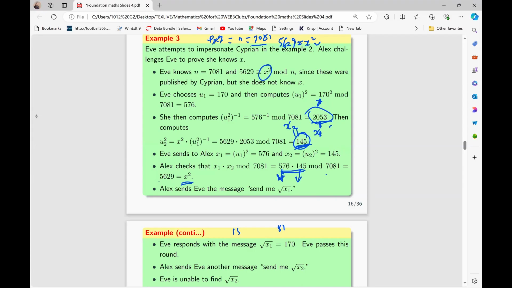But you only know the square root of 576, and you don't know the square root of 145. That means you don't know x. That's what it means. So you don't have that information.